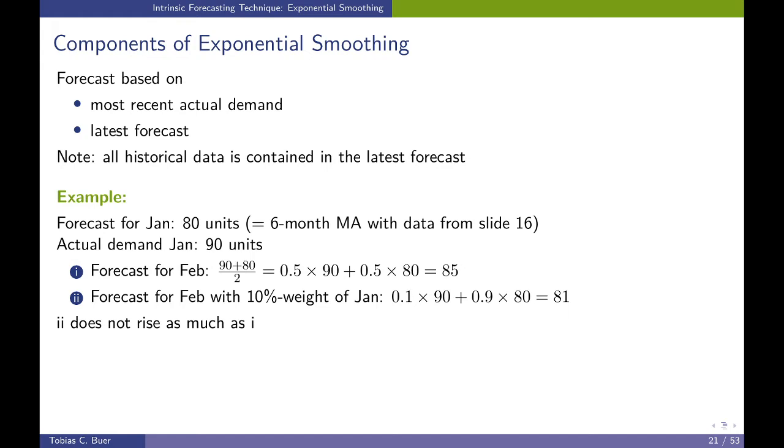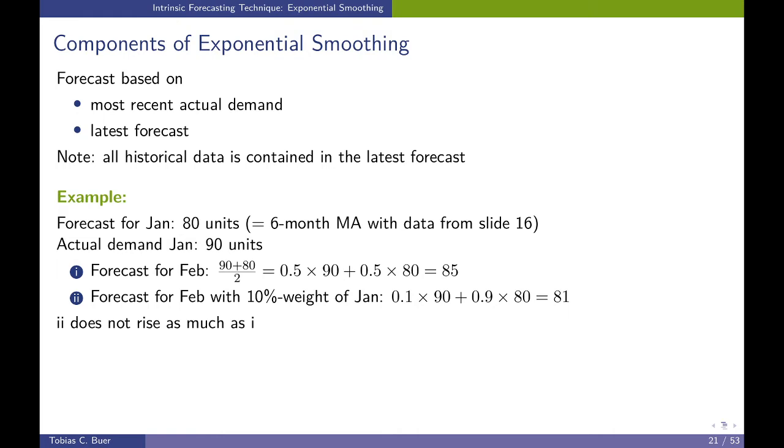So now of course we can change the weighting. This gives us a higher level of flexibility. For example, we can give the actual demand for January only a weighting of 10%, and the forecast for the month of January is weighted then by 90%.